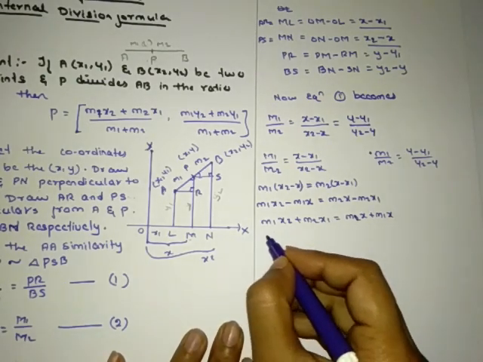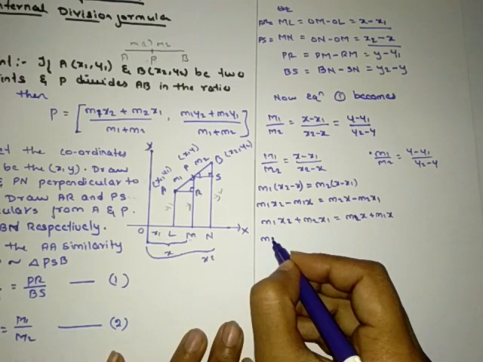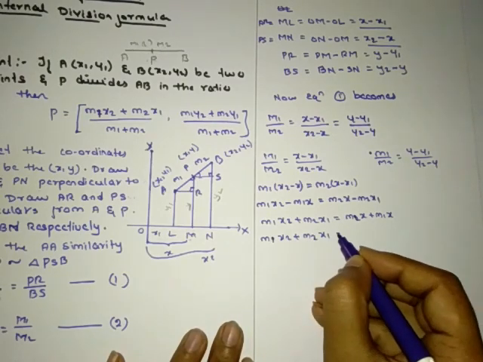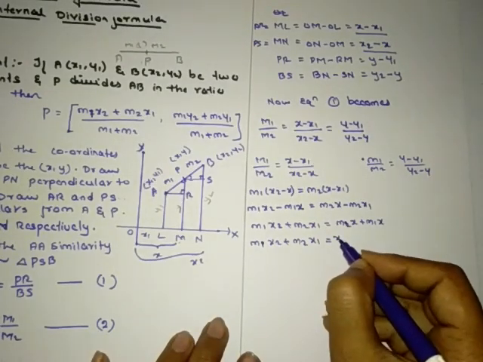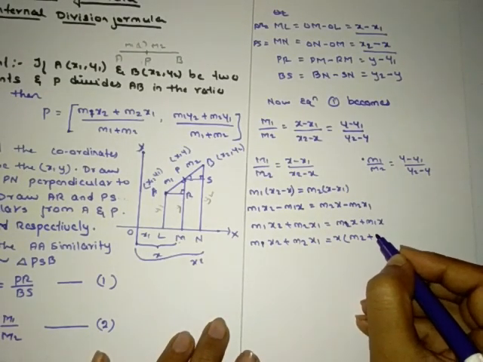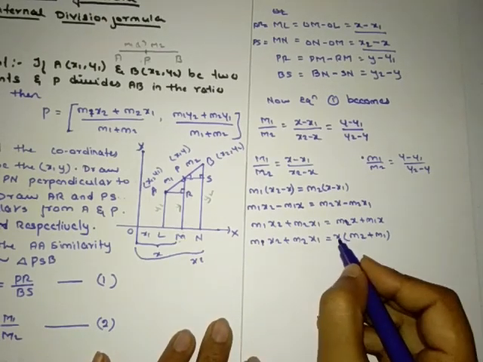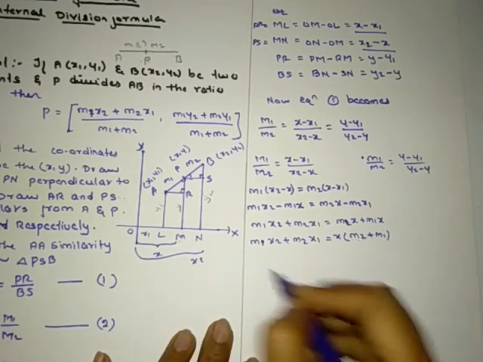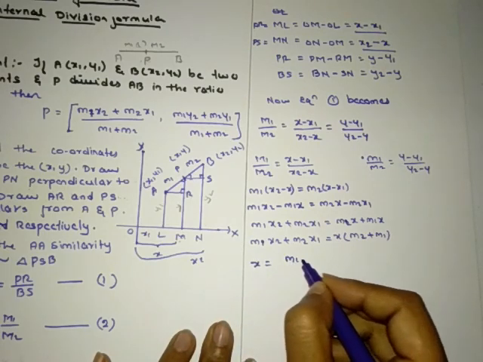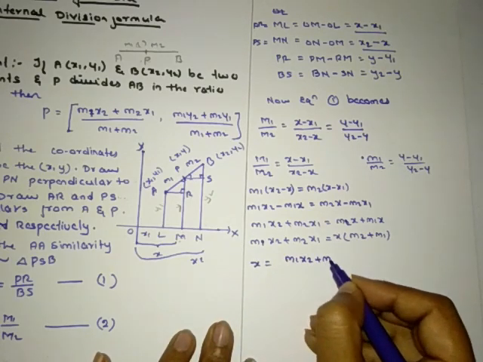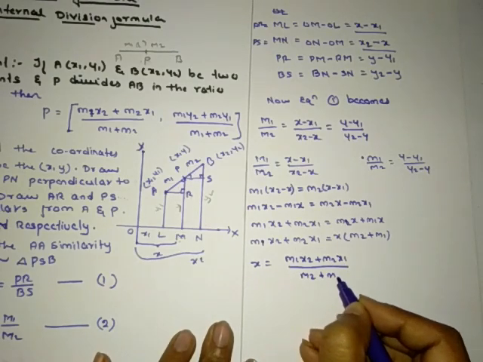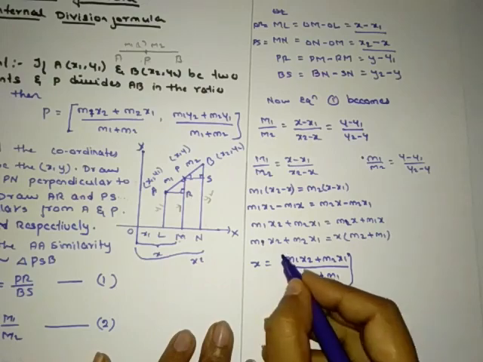Then M1 into x2 plus M2 into x1 is equal to x times (M2 plus M1), taking x as common. Then we'll keep this x here only and bring this to the left-hand side, that is x equals M1 into x2 plus M2 into x1 divided by M2 plus M1, isn't it?